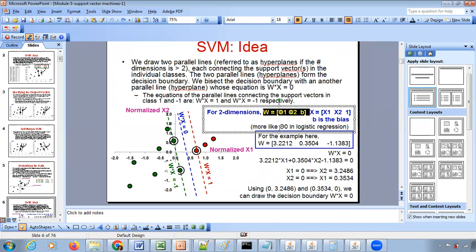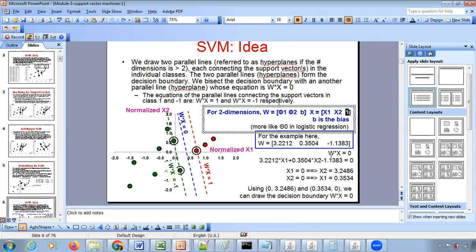The b is more like the theta 0 that we had in logistic regression. Only difference is we don't use theta 0. In logistic regression, we use theta 0 as the first parameter, and then theta 1 and theta 2, whereas here we put the b at the end and say it is theta 1, theta 2, and b. That's the only difference. Accordingly, the 1 will be added to the end instead of at the beginning in the records of the data set.